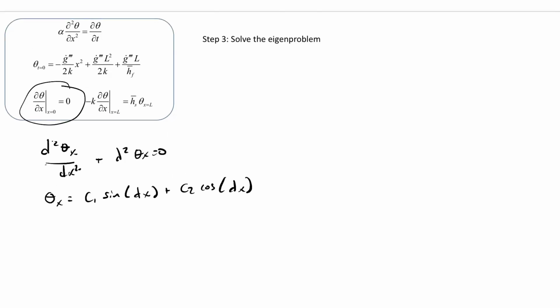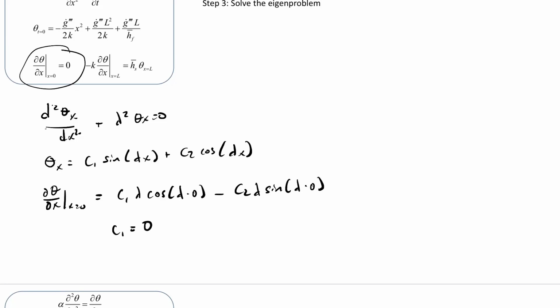Then taking the derivative, the first boundary condition: dΘx equals 0 is C1 times λ times cosine of λ times 0 minus C2 times λ times sine of λ times 0. This just says C1 is equal to 0. Our boundary condition says that's all equal to 0, so C1 times λ times 1 has to equal 0, so C1 has to equal 0.